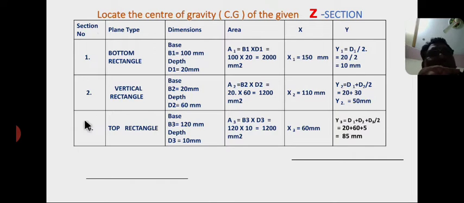These are the section numbers, these are the plane names, these are the dimensions for the individual rectangles, these are the corresponding areas, and x and y values are the individual centroids.